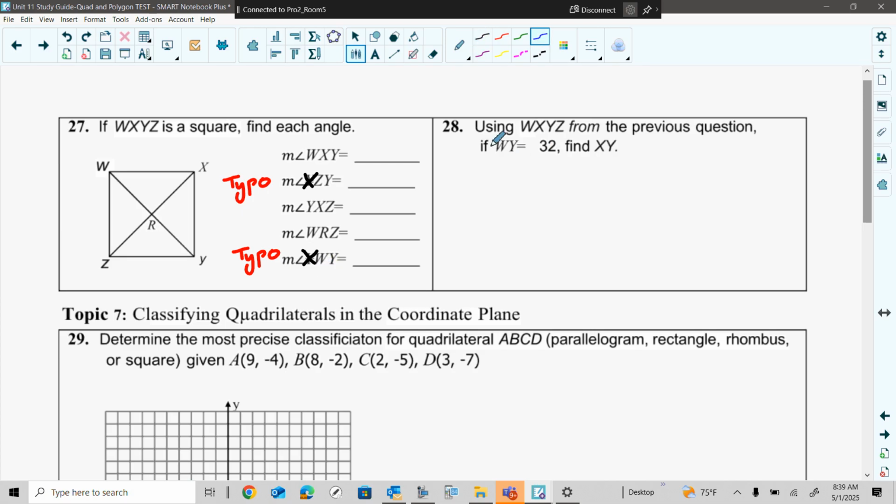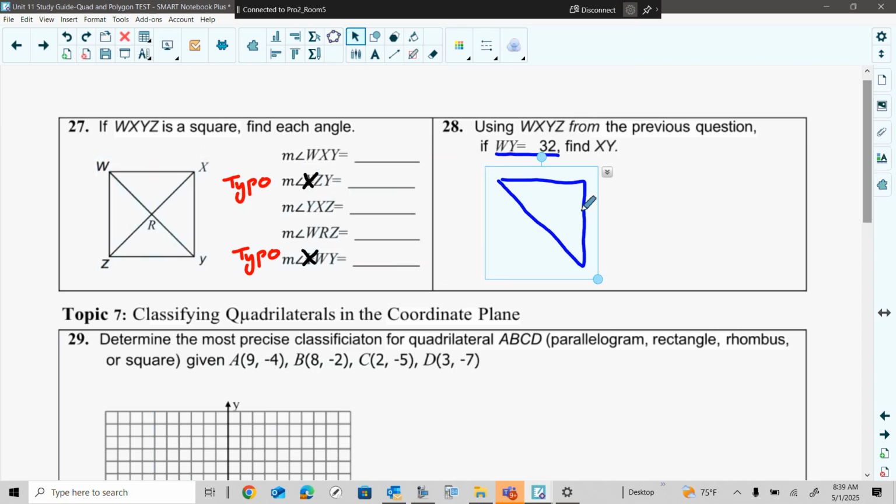All right, so in 28, since they're giving you y, they want you to use this triangle to problem solve. So I'm just gonna move it over here to the side. This is wy right here, which is the 32. And then this is gonna turn into a 45-45 triangle, which means the legs are the same.